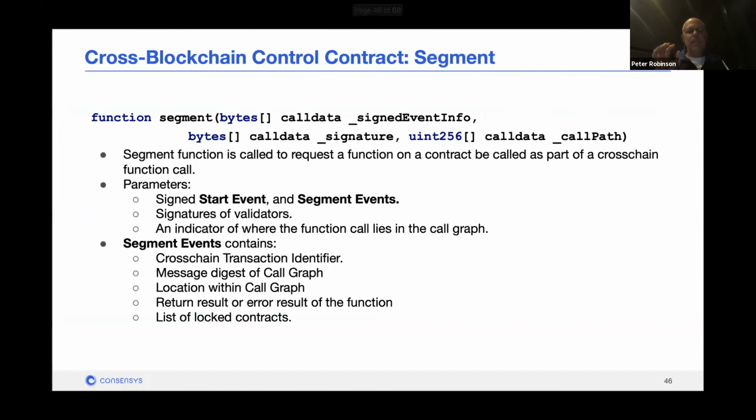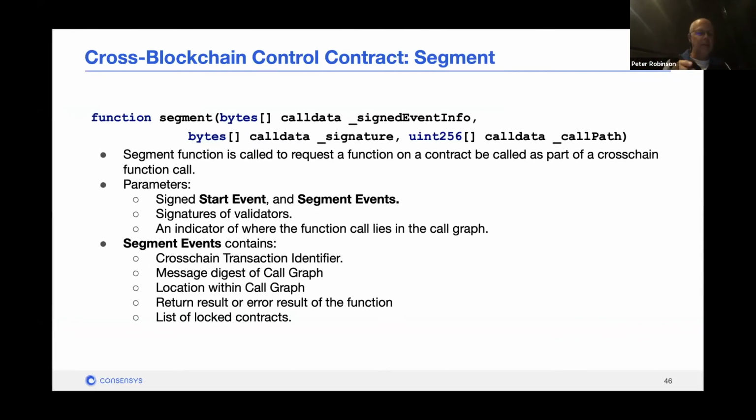Then you have segment function calls. They may be partway up the call graph, so they may have values returned from subordinate calls, which are passed in as signed event information from the segments. As well, the start event is passed in, which had the call graph, and then you have the call path value.